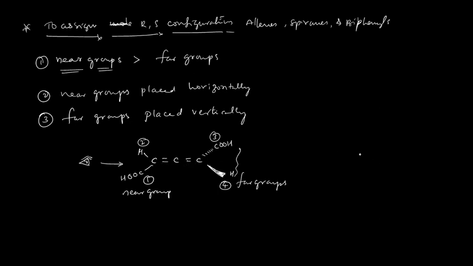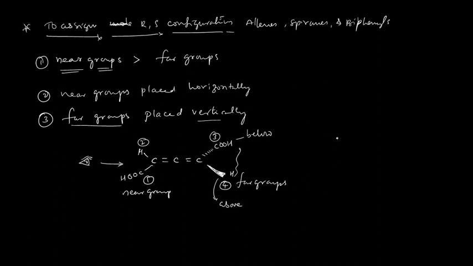Now I am writing the four groups, with groups placed in vertical line. What are the four groups here? COOH and H. Here it is below the plane, hydrogen above the plane.